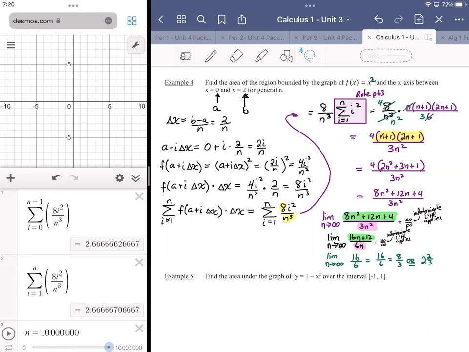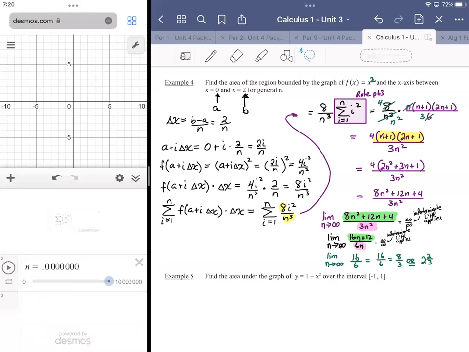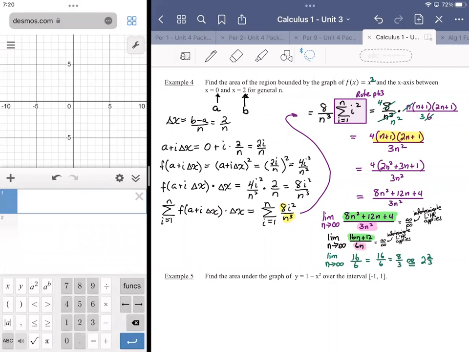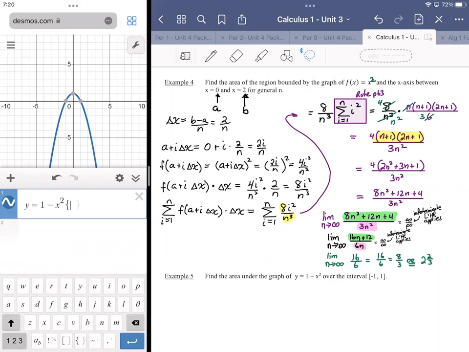So in number 5, it says find the area under the graph of y equals 1 minus x squared. Right, so at long last, we're changing up the function. But you could take a quick look at the picture. 1 minus x squared looks like that over the interval of -1 to 1.